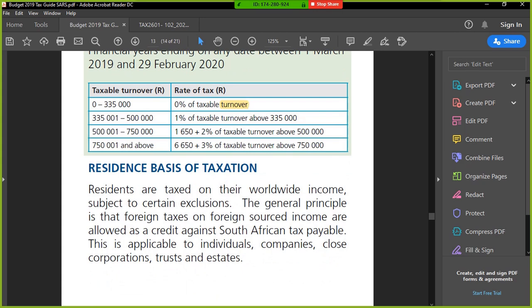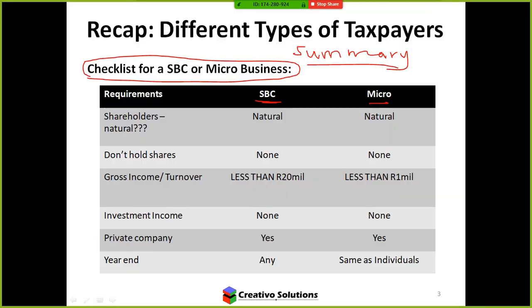All right, so let's go back to this table. When you get a question, and I've seen UNISA test this quite often, UNISA likes giving questions regarding SBC and micro, and they might even give you a theory question regarding a particular business, and then that business might have natural shareholders or unnatural shareholders.